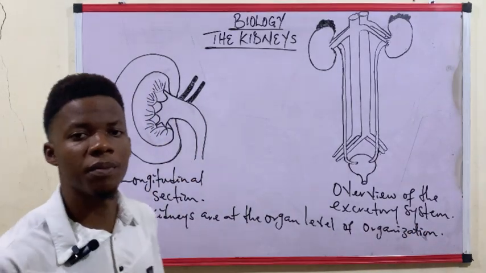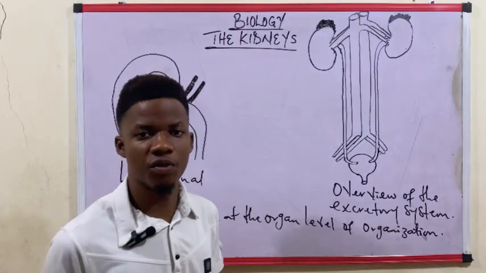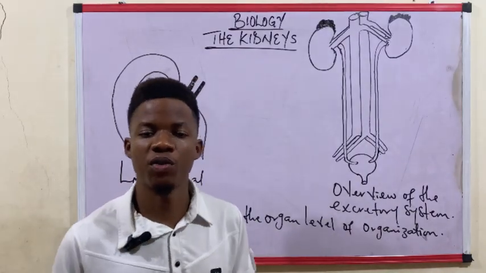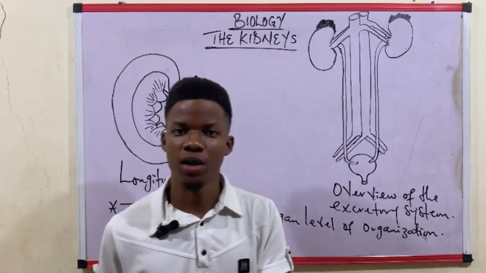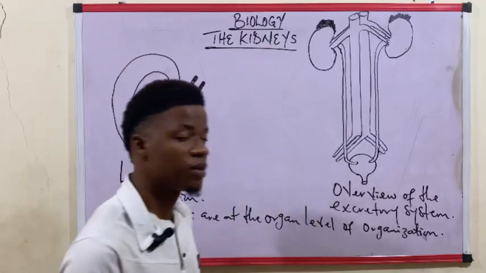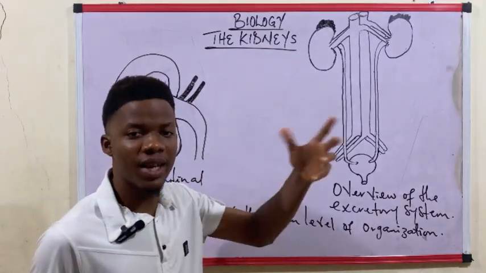Now, there is a topic in biology that is called organization of life. Organization of life talks about the sequence of life from the most simplest state to the most complex state. Alright? From the most simplest to the most complex.